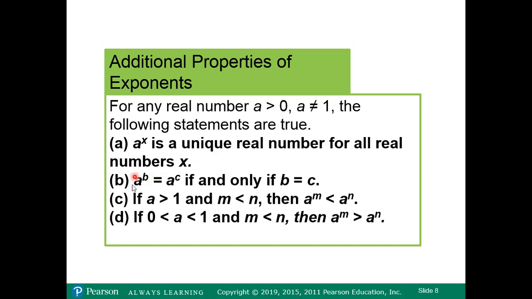Also, a to the b equals a to the c if and only if the exponents are equal. If a is greater than 1 and m is less than n, then a to the m is less than a to the n. But if a is between 0 and 1 and m is less than n, then a to the m is going to be greater than a to the n.